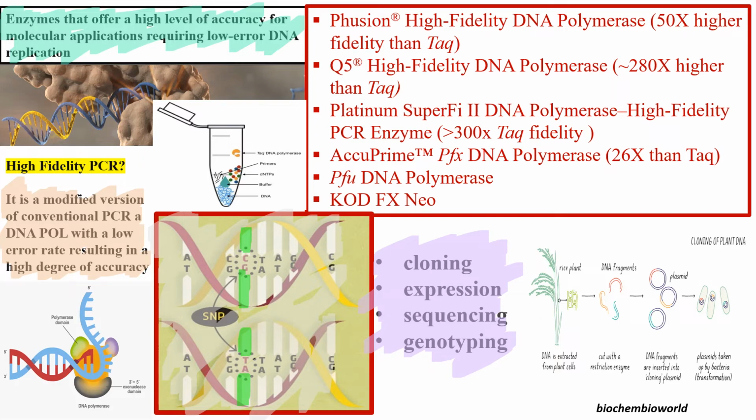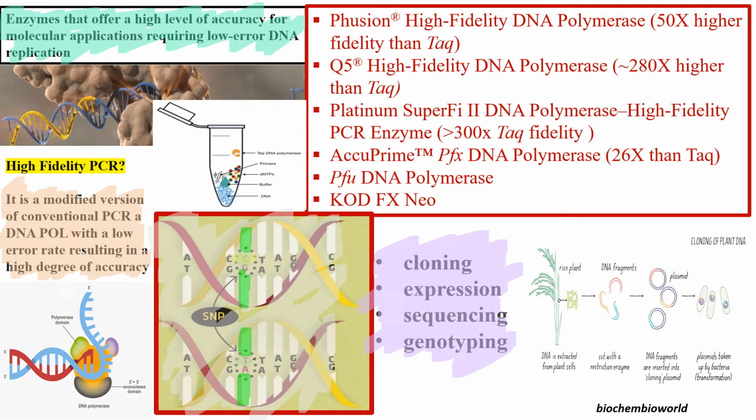Or in some other work which I used to do in molecular biology, I used to study single nucleotide polymorphism. Single nucleotide polymorphism means that there is an alteration at one point. Like in this example, which I'm highlighting, a C is transitioned to a T. So as to get these accurate results, I require a DNA polymerase which has high fidelity.